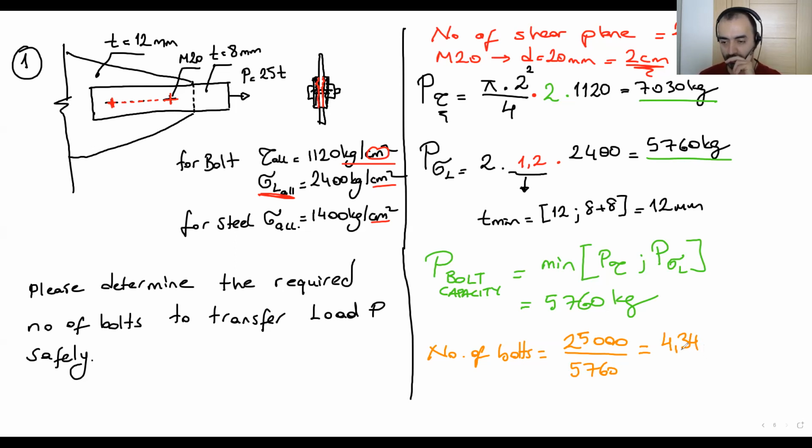Here we have to round this number up. As you can see, the number of bolts must be greater than 4, so rounding up, we need 5 M20 bolts.